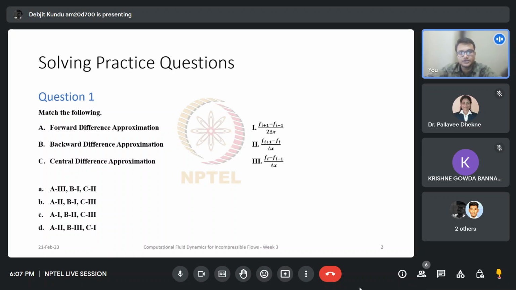The second option is fi plus 1 minus fi over delta x. And the third option is fi minus fi minus 1 over delta x. So which would it be? Would it be option A, A3, B1, C2, or option B, A2, B1, C3, or option C, A1, B2, C3, or option D, A2, B3, C1?